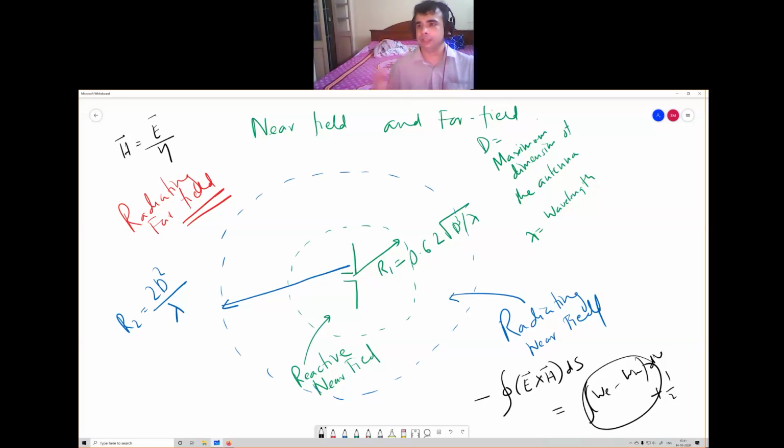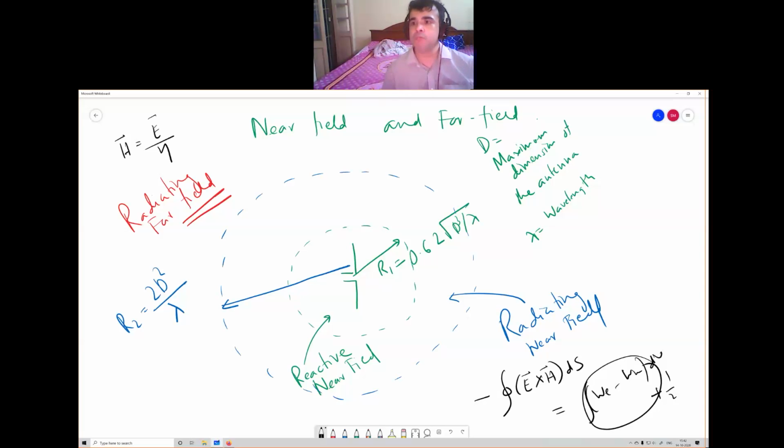In the near field, the reactive components dominate.